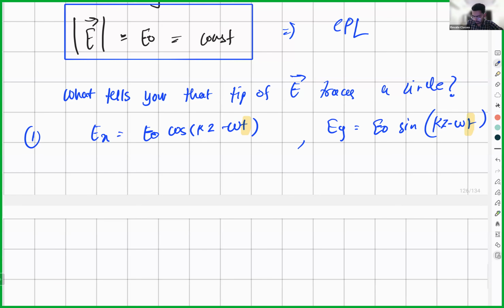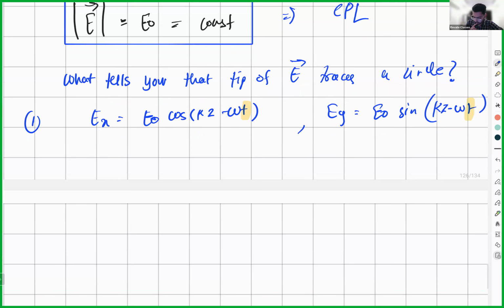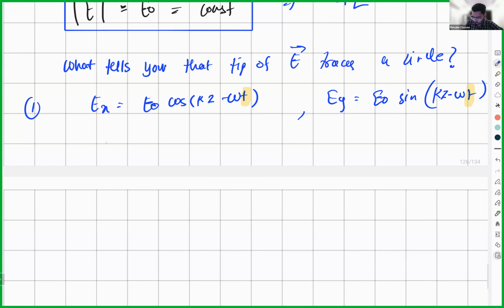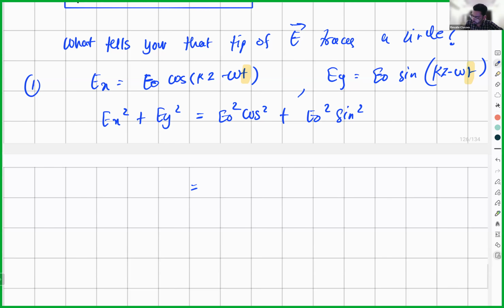For that, we can do squaring and adding. Ex square plus Ey square becomes E naught square cos square plus E naught square sine square. The argument is the same, so I'm not writing the argument.